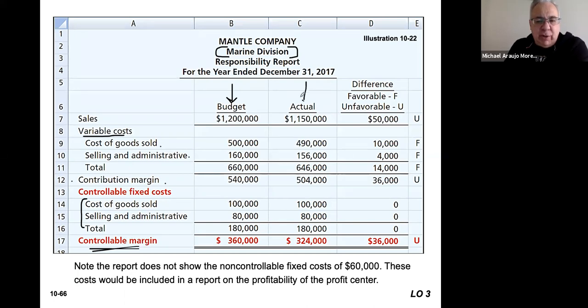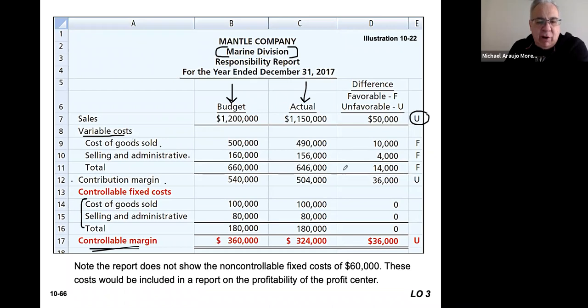The actual numbers are provided in the second column here, showing that they failed to meet their budgeted sales. So that automatically put them in a $50,000 hole of unfavorable differences because they were unable to meet such a high level of sales that they had.